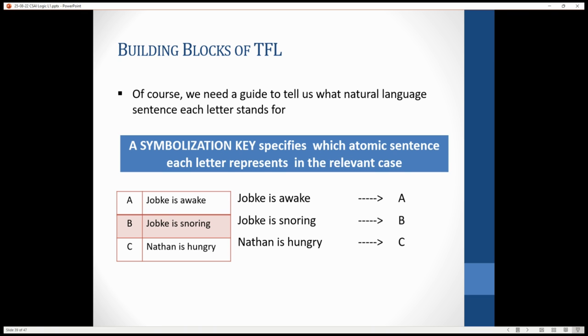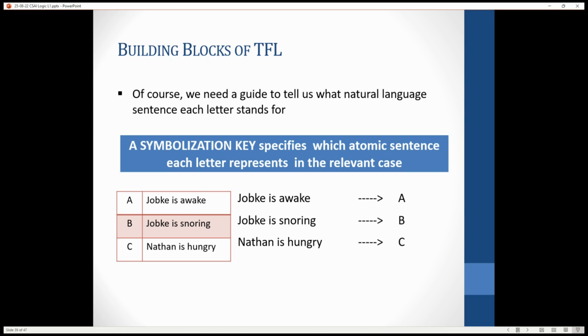So what this symbolization key is telling us is that the capital A is a symbol for the English sentence Yabka's awake, B is Yabka is snoring, and C is Nathan's hungry. And then we can do our symbolizing accordingly. Make sense?